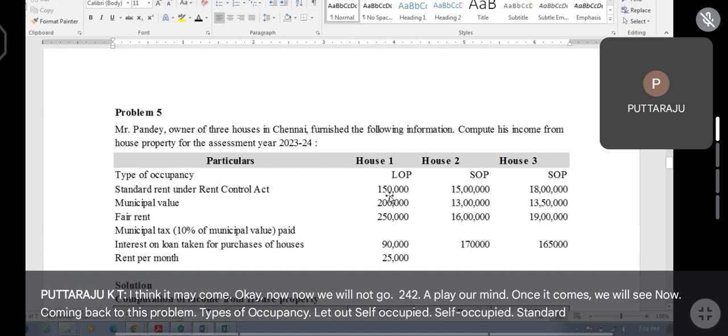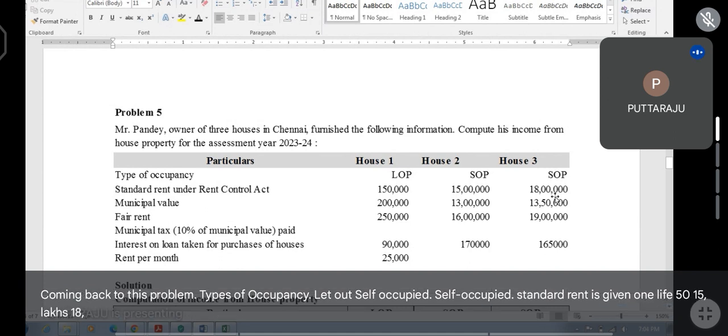Standard rent is given 1,50,000, 15 lakhs, 18 lakhs. Municipal value 2 lakhs, 13 lakhs, 13 lakh 50. Fair rent 2 lakh 50, 16 lakhs, 19 lakhs.